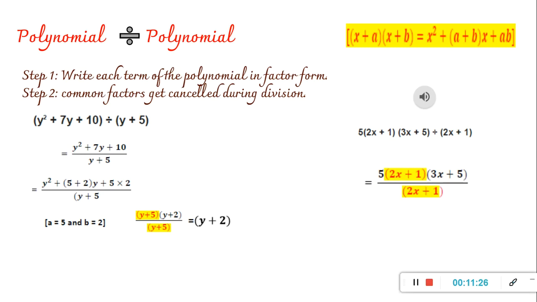Yes. That's because 5 into 2x plus 1 into 3x plus 5 is a product of these three terms, right? So there you can definitely cancel these two. Therefore, your result would be 5 into 3x plus 5. Clear? In this way, you can do division of polynomial by polynomial. Clear?